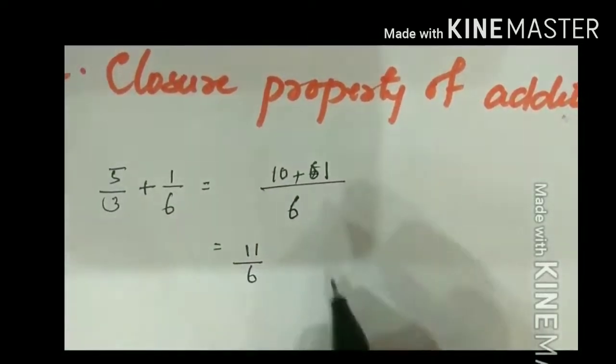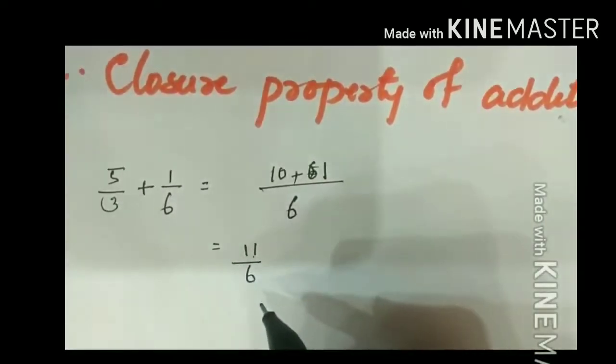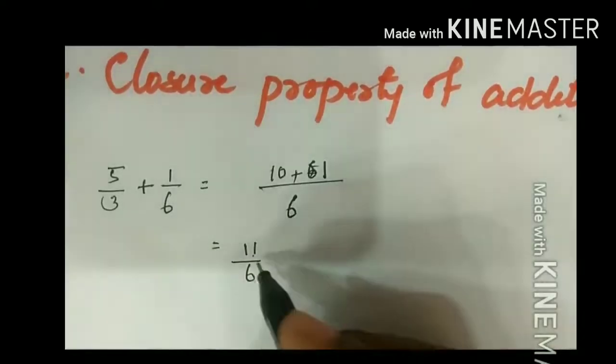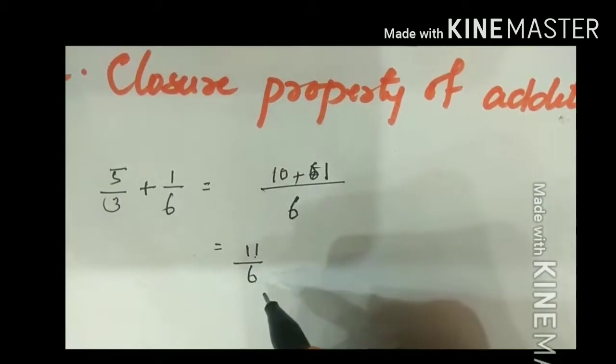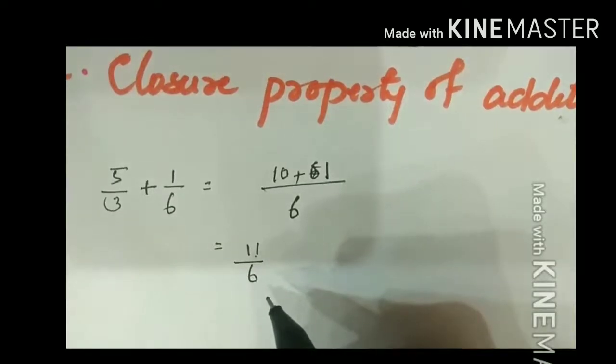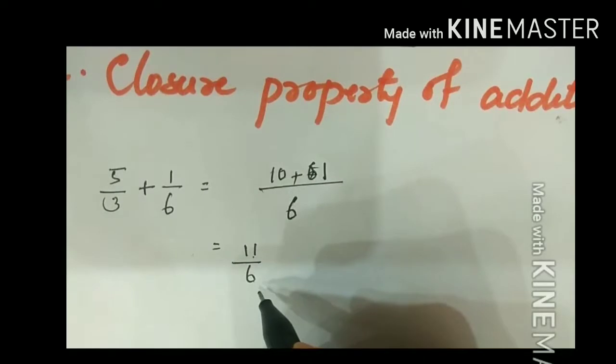Now, look, here we have to check whether 11 by 6 is a rational number or not. Look at the definition of rational number. Numerator and denominator should be integers. Here 11 is an integer, 6 is also an integer, and the denominator is not 0.